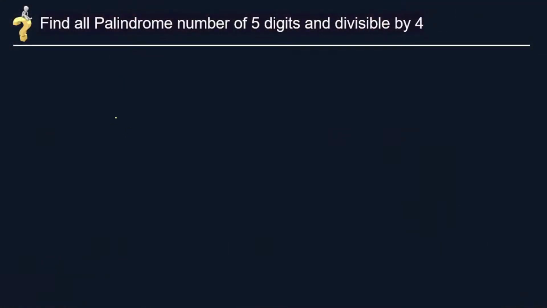Now there is a little twist. Find all palindrome numbers of 5 digits which are divisible by 4. Now, there is a little trick. It's not a trick. We all know this.